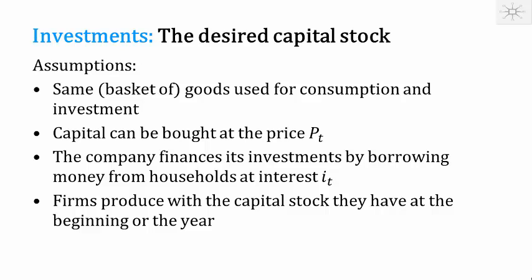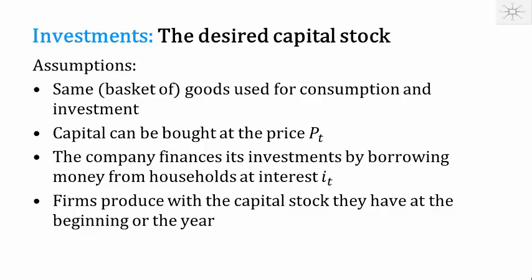So in this baseline model, we assume that the firms make the investment and they finance it all by borrowing money from the households. When we get to the end of the book, we will talk more about financial markets, the stock market and banks, but now we just say the firms are there, they have a capital stock, and they invest and finance by borrowing from households.